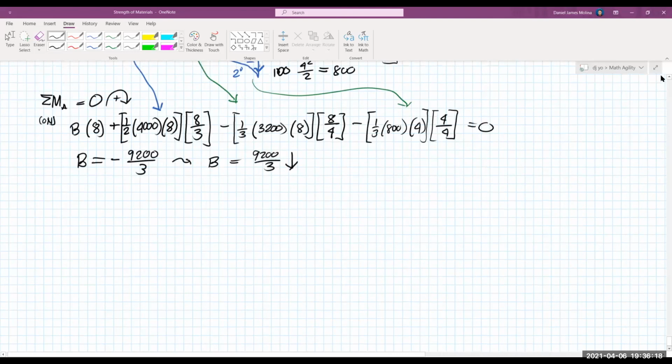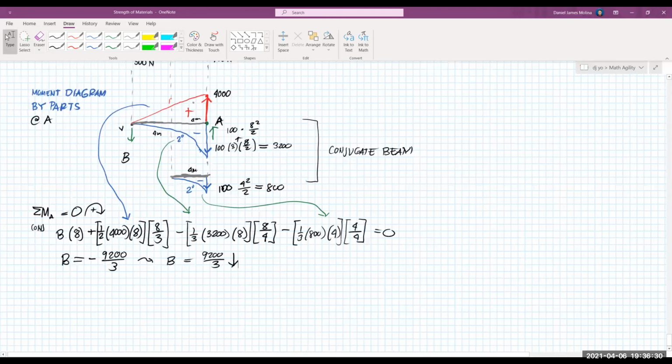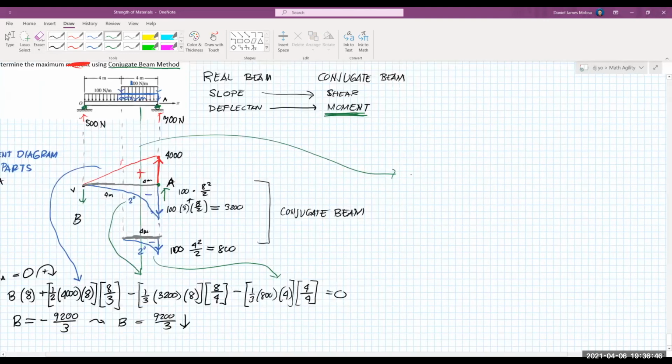Now let's locate the maximum deflection of the given beam. Let us assume that the maximum deflection occurs here. So let us cut through this section at the moment diagram by parts and isolate it here. Since we have the reaction at B at the conjugate beam, let us consider the left portion of the conjugate beam.